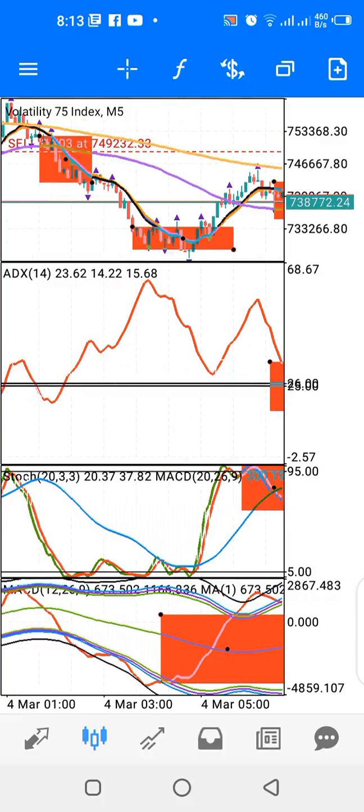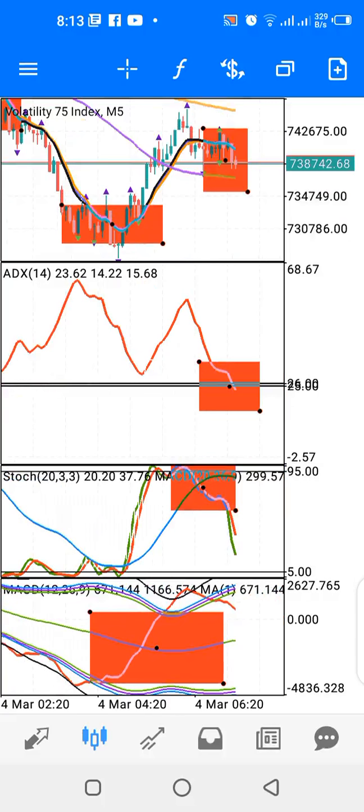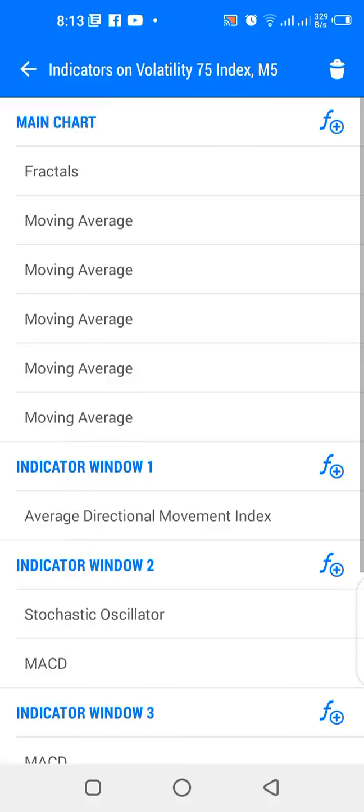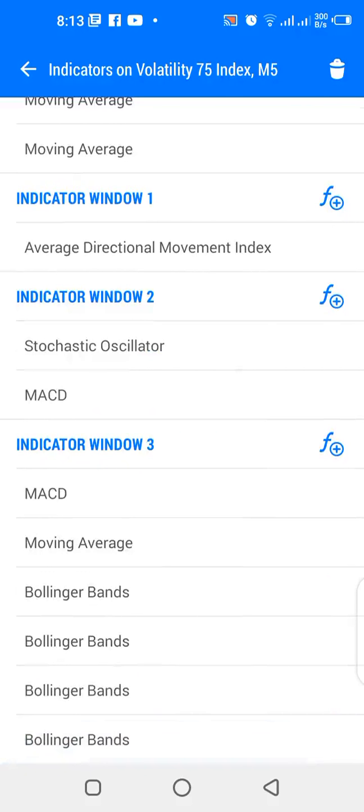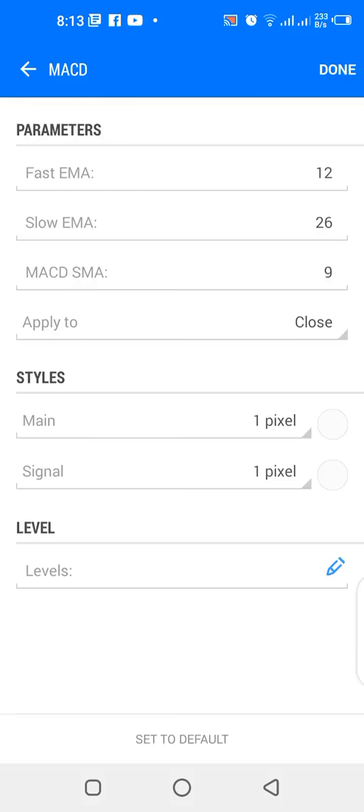Now let's look at what happens on indicator window 3. Let's look at the settings. For indicator window 3, we have MACD and a moving average plus some Bollinger Bands. So let's look at the settings for the MACD on indicator window 3. For the MACD, the fast EMA is 12, slow EMA is 26, MACD SMA is 9.